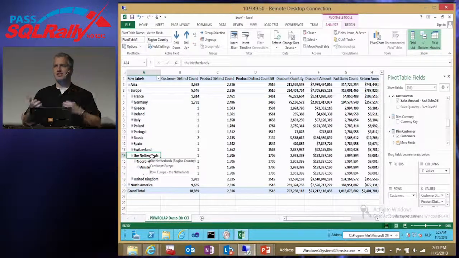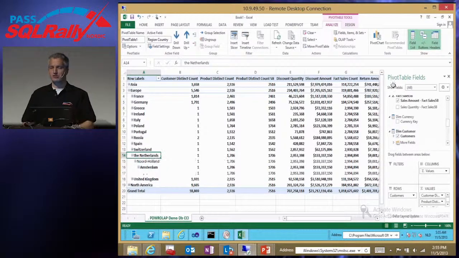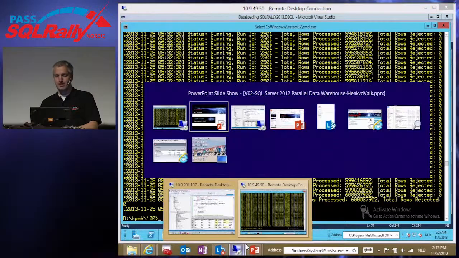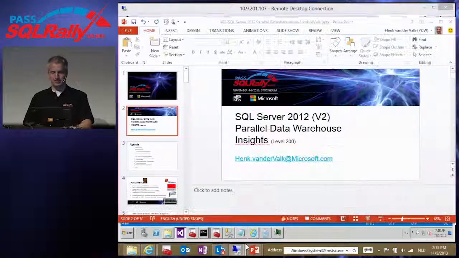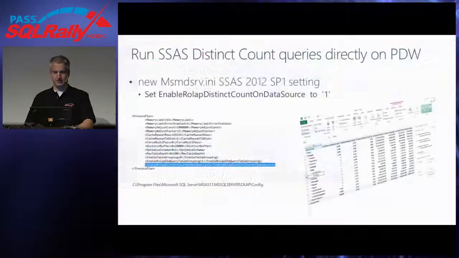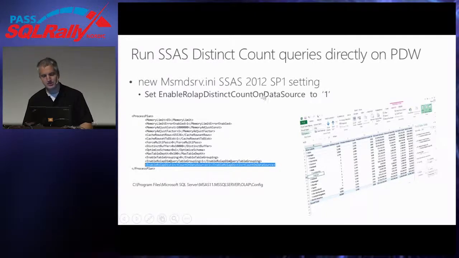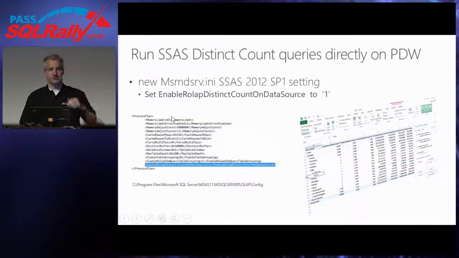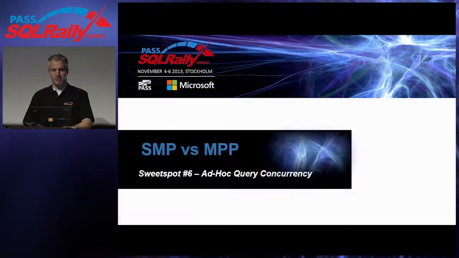I'm looking for insights in data sets, and a couple of billion rows is peanuts for PDW. If you want to enable it, the setting is called enable rollup distinct count on data source equals 1. Here's where to look.